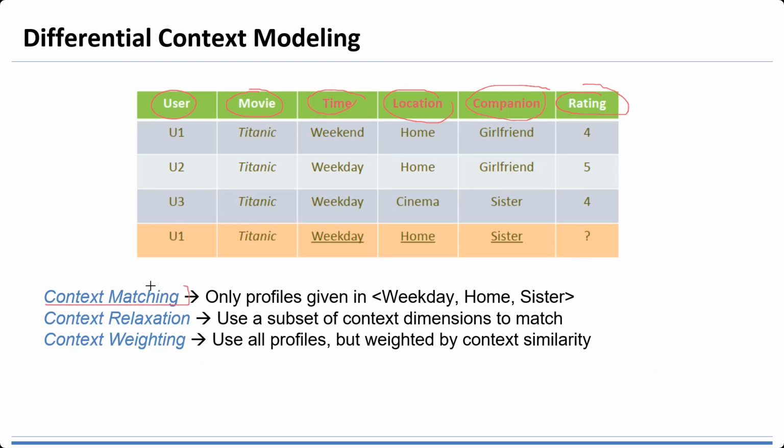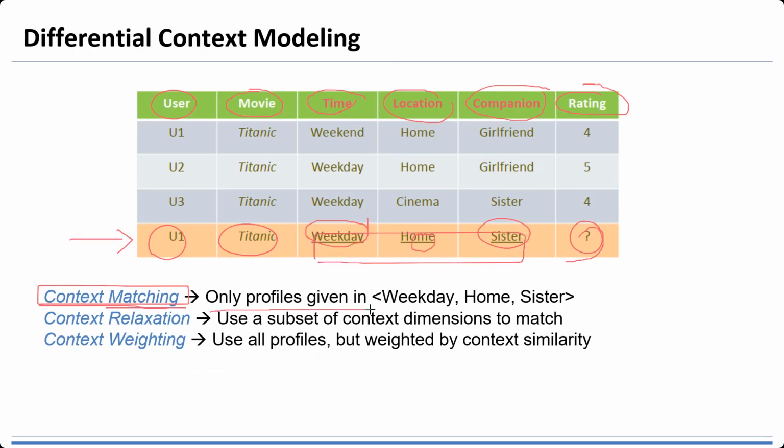At first, we want to check the context matching. Context matching means if I want to predict for user 1, Titanic, on the weekday, at home, and with sister, what is the rating? In this case, to do the rating prediction, I can use only profiles that match this context. We call this context matching.